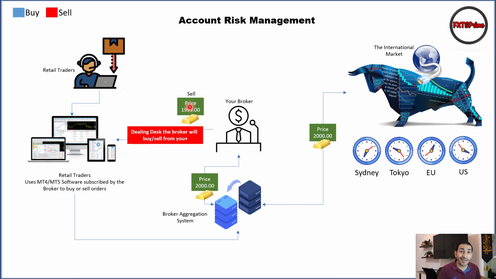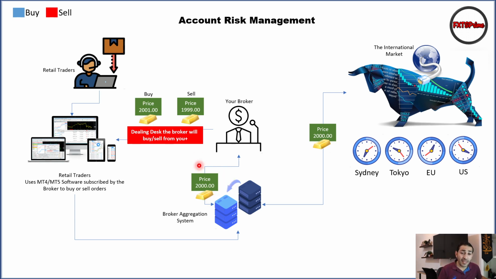So if you are selling, he gives you a lower price. Instead of giving you $2,000, he gives you $1,999 if you are selling. He is reducing $1. If you are buying, he is giving you an additional dollar, so instead of $2,000, he gives you $2,001.